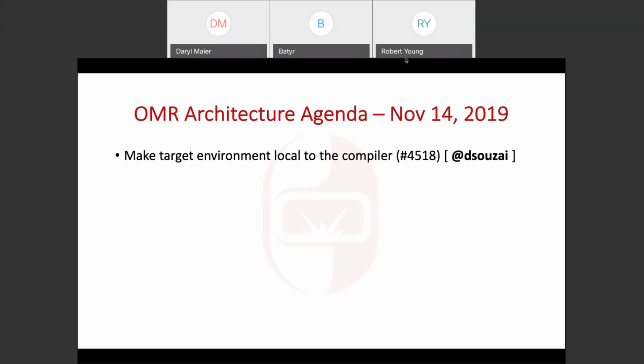Traditionally we've used this front-end structure to describe interactions with the VM, or interactions with the environment, to ask certain questions. Early on in the OMR days, the way that we were approaching this was to replace a lot of the front-end functionality with this sort of environment. That work had started and then stopped when things got really hard. There is a lot more work that needs to get done there. The front-end interface still exists.